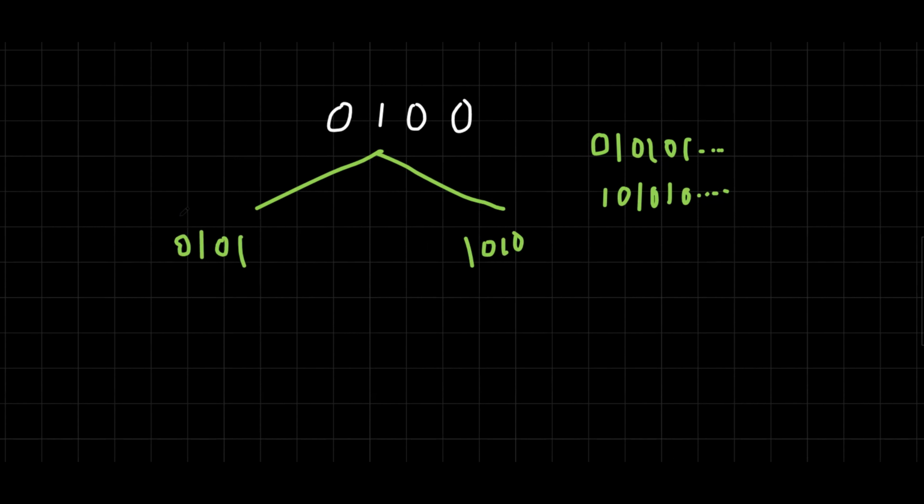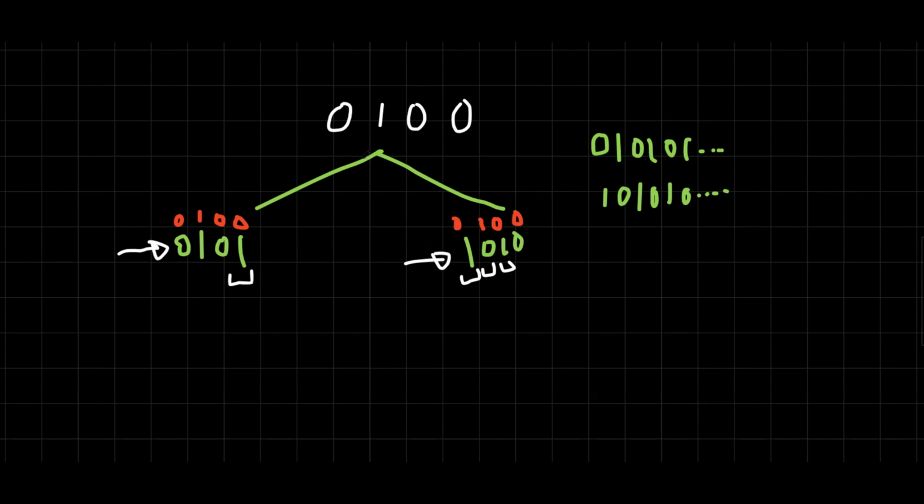The original string is 0100. We can see that the dissimilarity lies in only one position for the pattern 0101, and the dissimilarity lies in three positions for the pattern 1010.